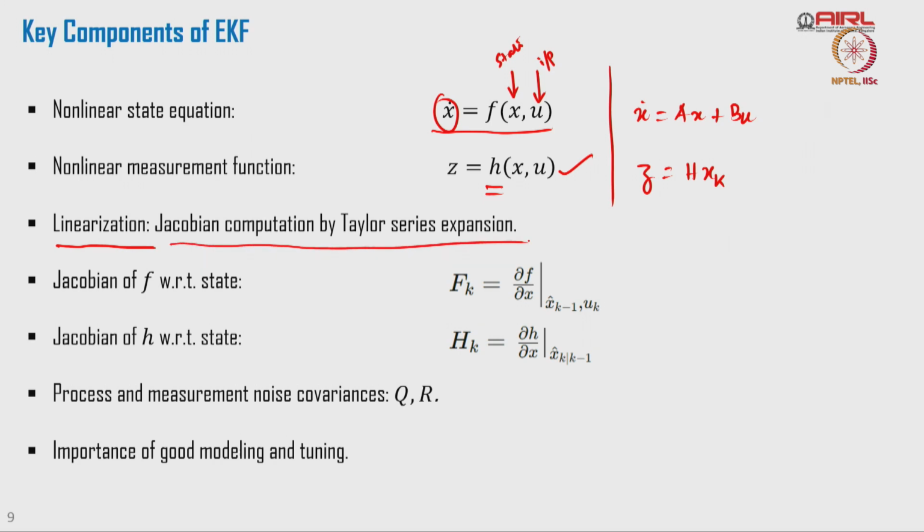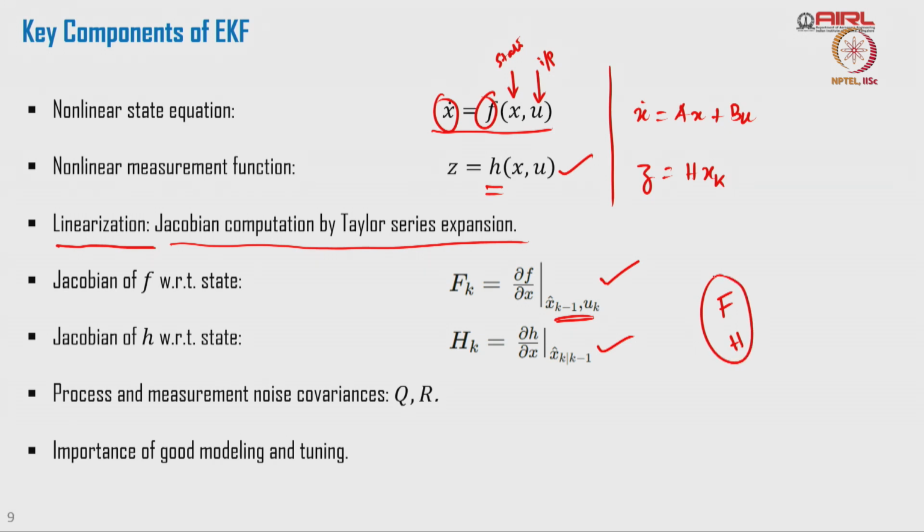So, the Jacobian of f, that is the function f, is computed by taking the derivative at this step. Then the Jacobian of h is computed, and these two we use as matrices in the next step.